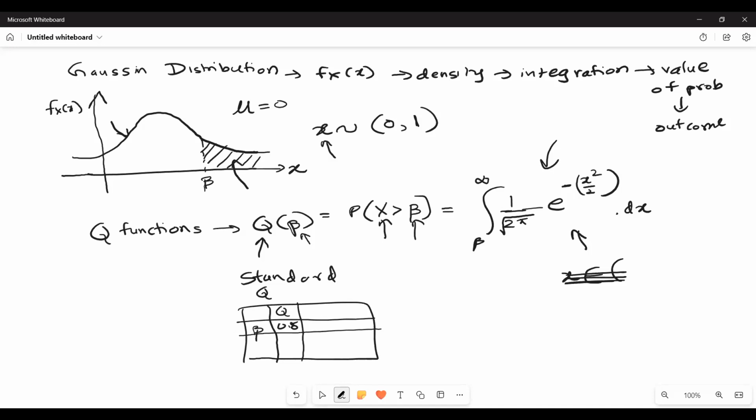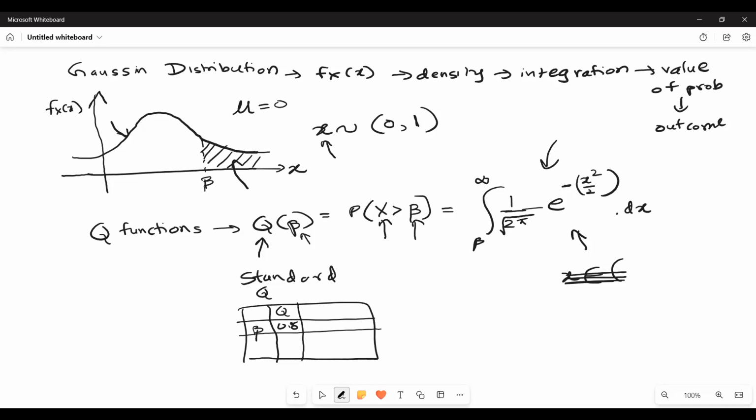So yeah, we can find the Q values only if the random variable follows this distribution. I mean, the mean value should be 0 and the variance must be 1. Then only can we use the Q function. So basically, this is a standard equation we can use in that instance.